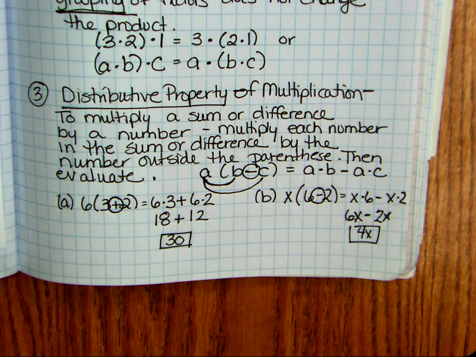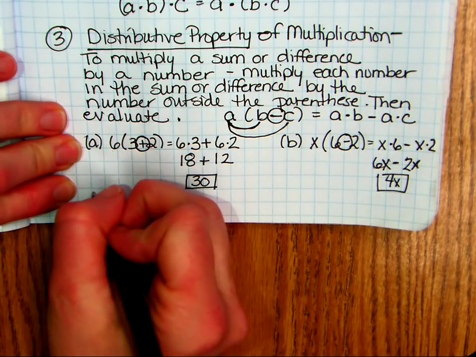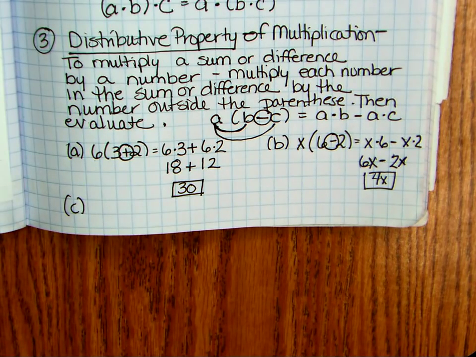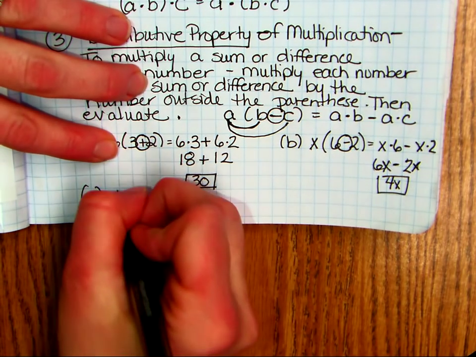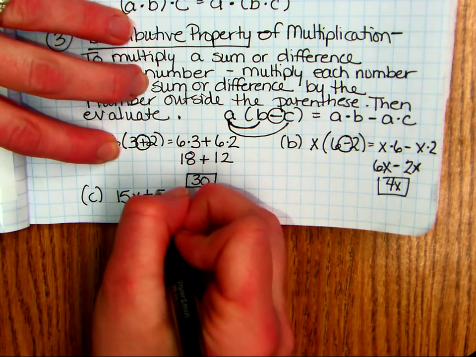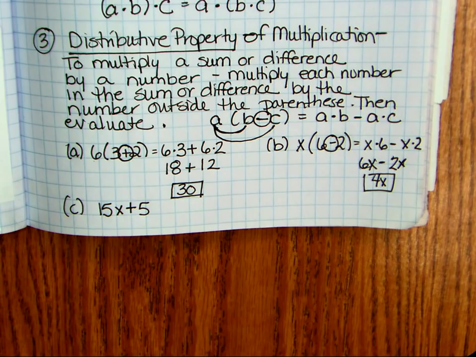Now, another thing that you can do with this, guys, and I'm going to cram this in here because I want to show you, is sometimes we can have an expression that's long. So, for example, I could have 15x plus 5, okay? And it'll say simplify this using, or show an equivalent expression using the distributive property.